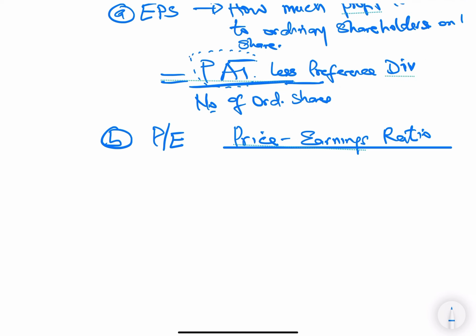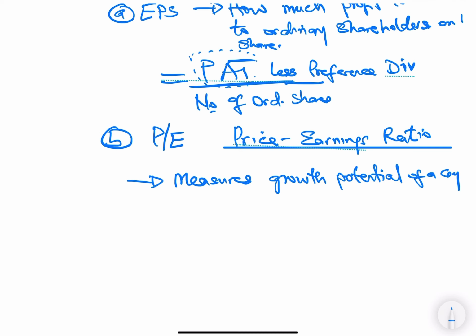Price earnings ratio. This one measures growth potential. That's what price earnings ratios measure of a company.